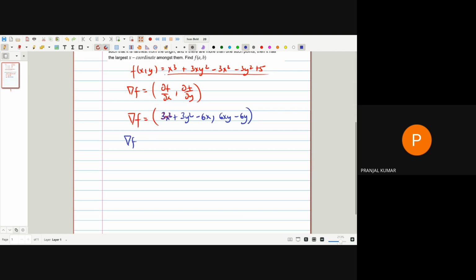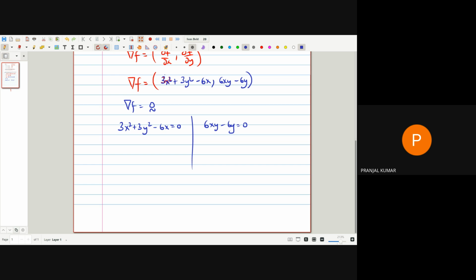Now delta f you have to equate to the zero vector. So what you will get: 3x square plus 3y square minus 6x is equal to 0, and 6xy minus 6y is equal to 0. So you have got two equations. You can take 6y common from the second and get y times (x minus 1) equal to 0.